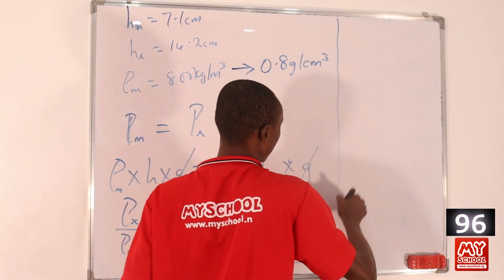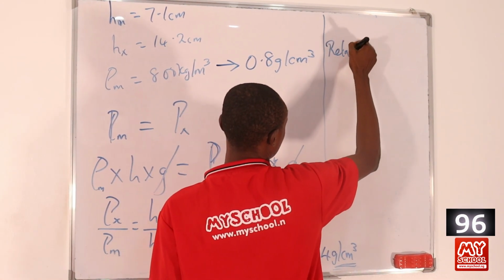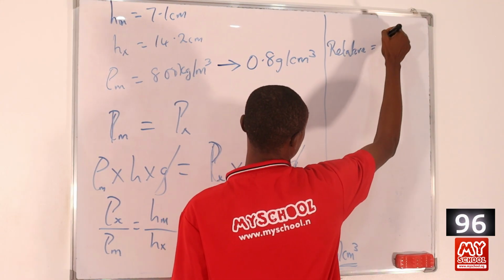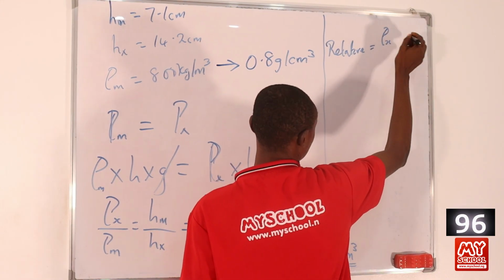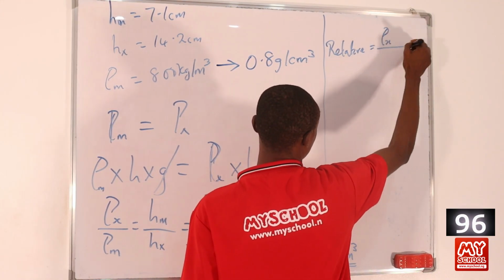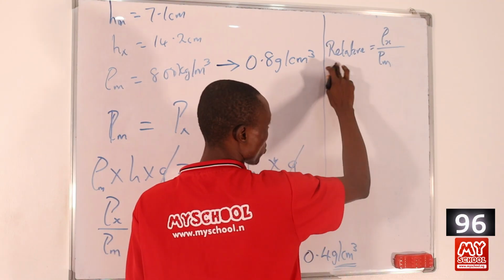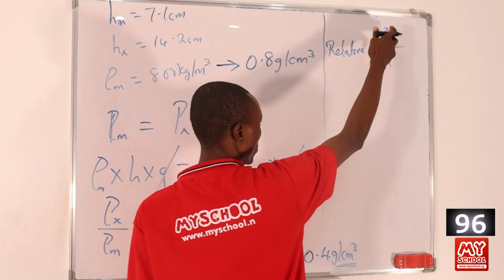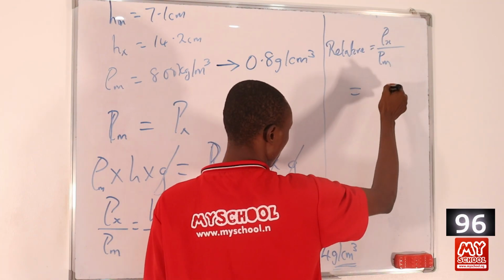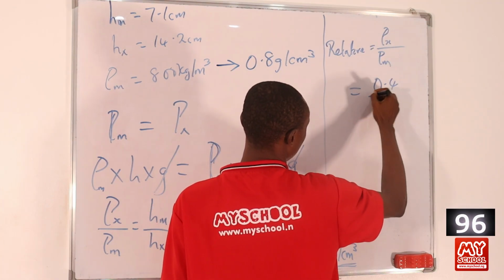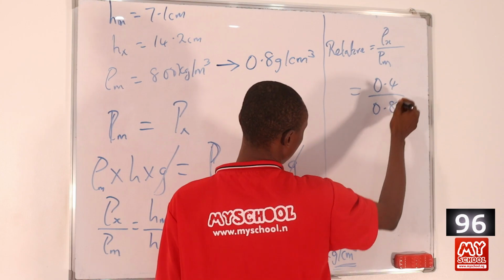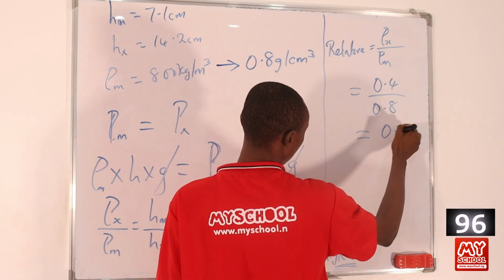But remember that relative density in this case will be equal to the density of the liquid all over the density of methanol. Since we are looking for the relative density of liquid S, we just substitute this value. So we have 0.4 divided by 0.8, and this will be equal to 0.5.